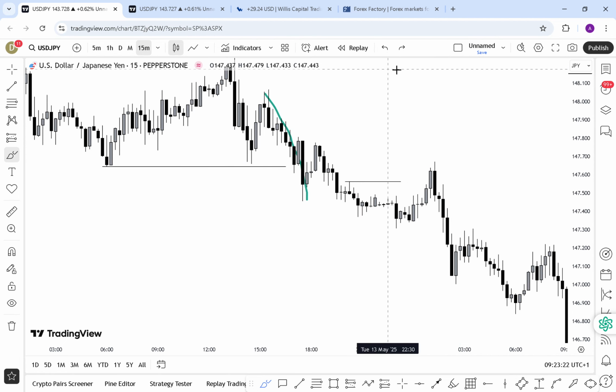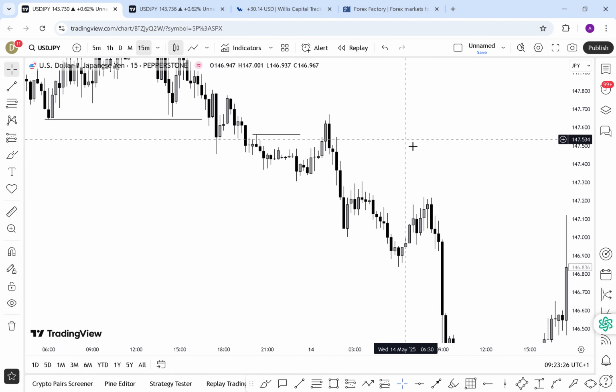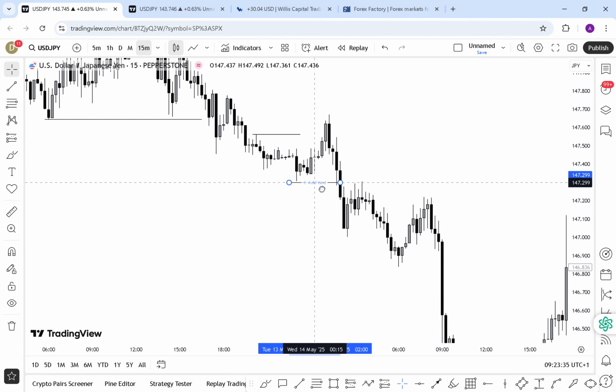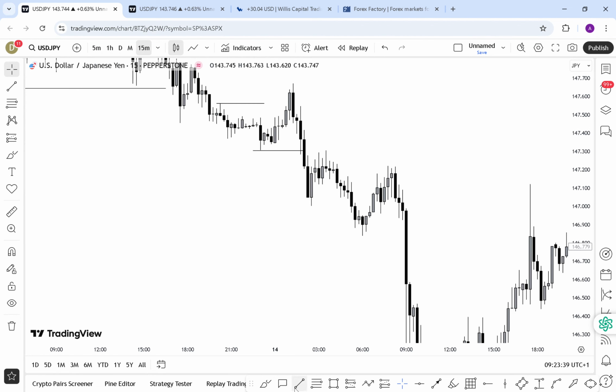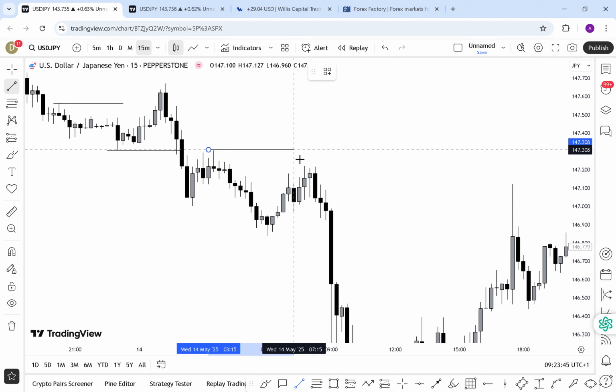Let's just go straight to the structure mapping. We have our swing low here. After that, the market took out this level, which gave us a break of structure. The market took out this level, not by candle wick but by candle close. Then the market went back and gave us a pullback, creating the first inducement here.